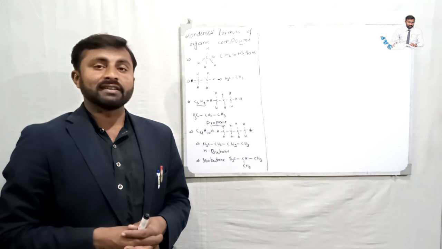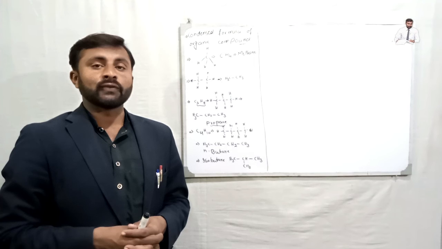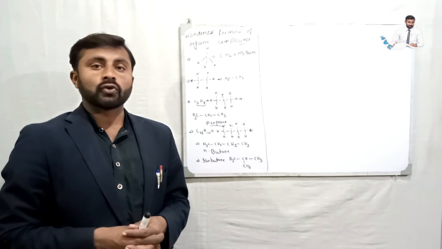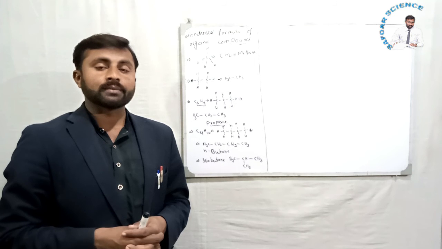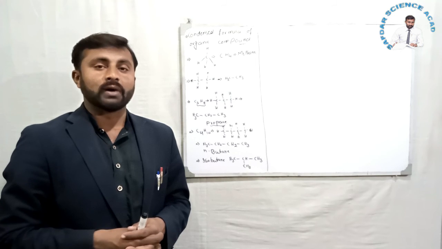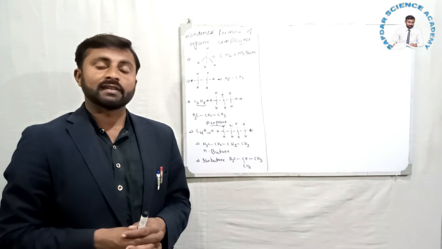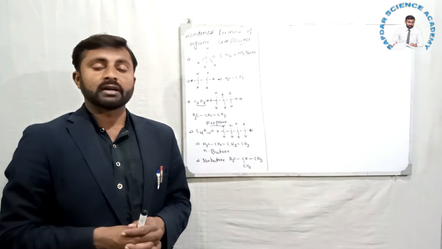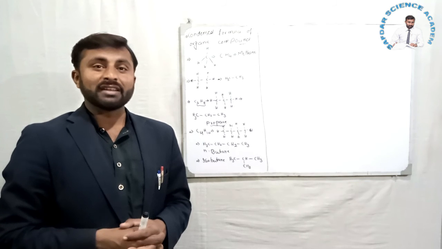Example, in class 10th, butane, C4H10, contains 4 carbon atoms and 10 hydrogen atoms. All of the carbon atoms are attached to each other by single bonds, and hydrogen atoms are attached to carbon atoms by single bonds.